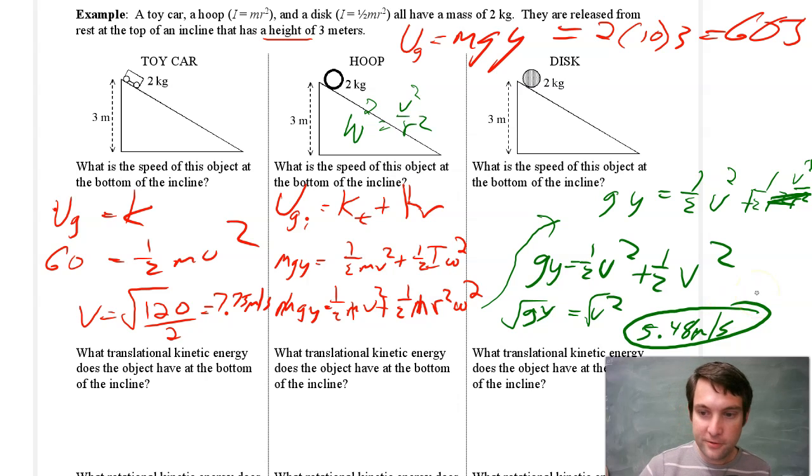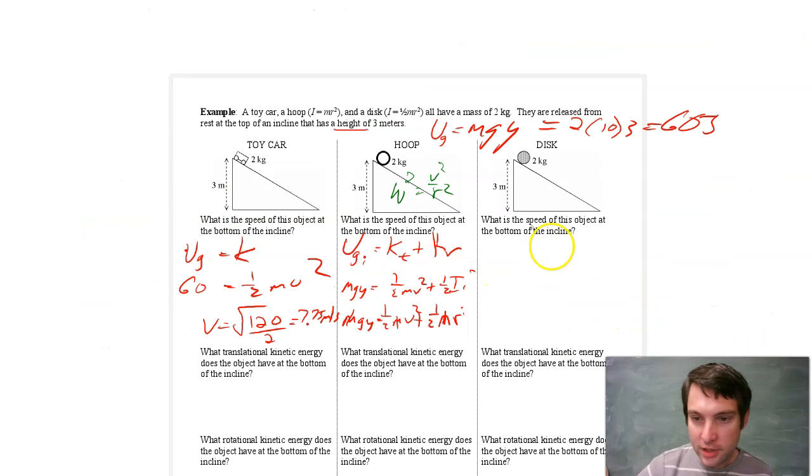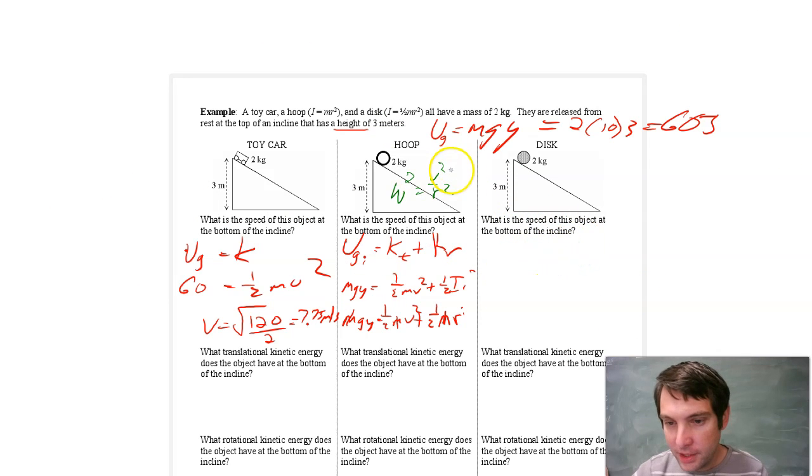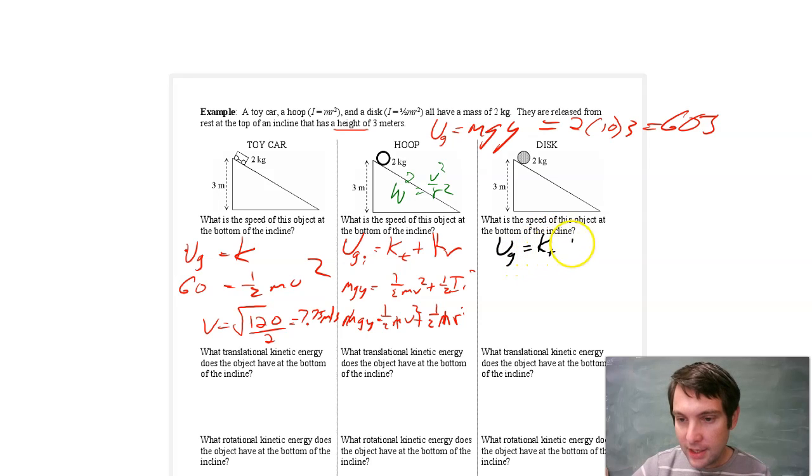Try it, check yourself. There was a lot of substitutions there. This is something you are comfortable with or need to be comfortable with at this point in the year. And we're going to do the same process for this one. What is the speed? All of our energies in the beginning, because we have height, so we go right to energies: translational kinetic and rotational kinetic.